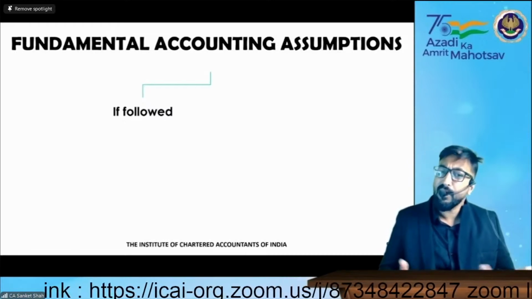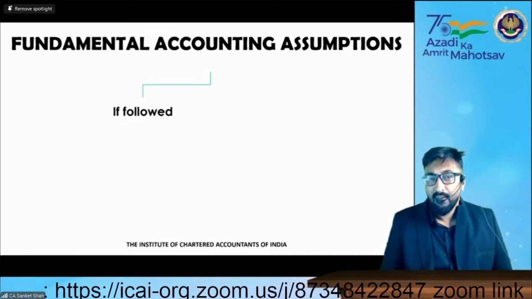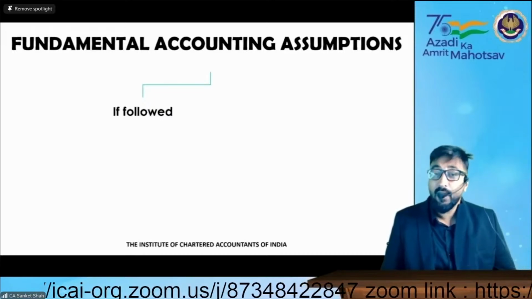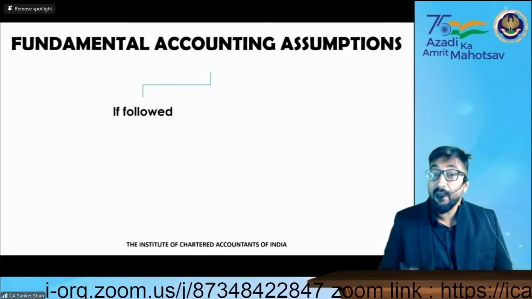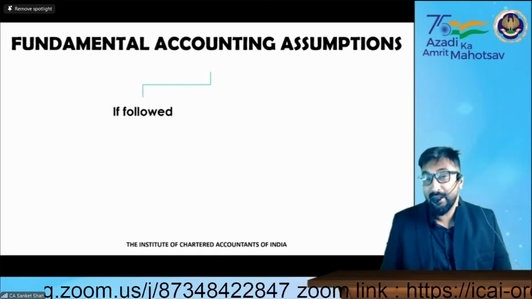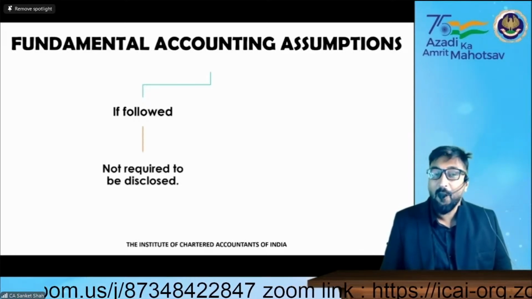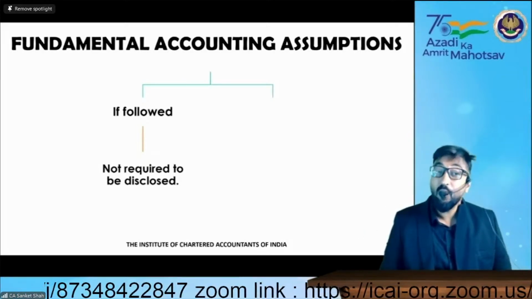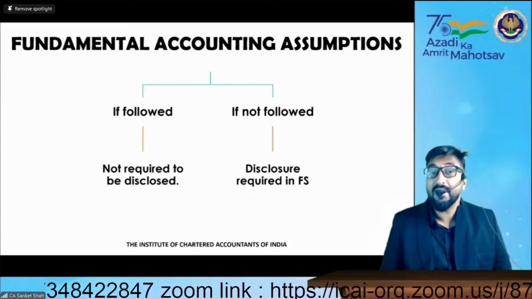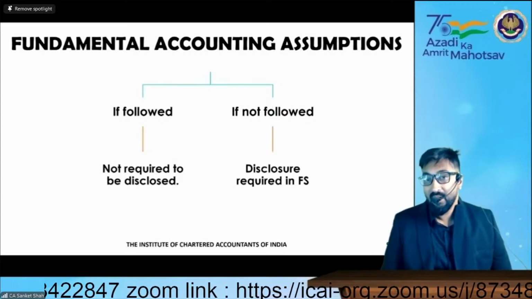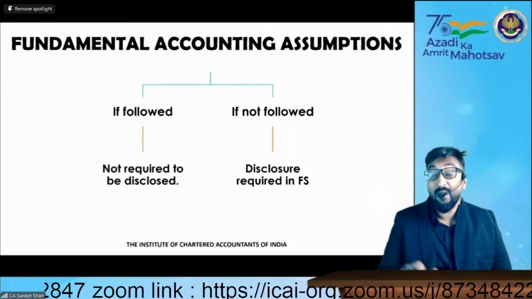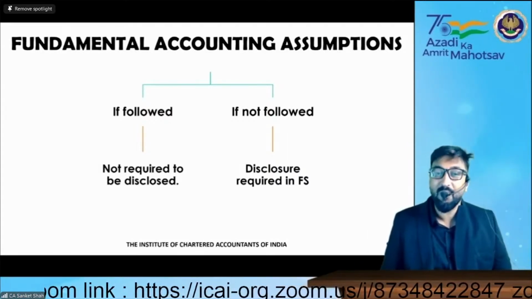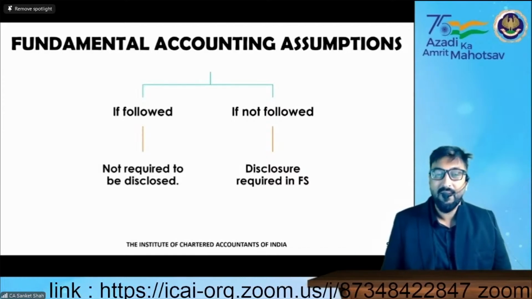It is my fundamental duty that to fulfill his needs, I have to work hard. So it is a fundamental assumption. Try to understand in the same way. If followed, there is no need of any disclosure. If it is not followed, then it is a disclosure. If I'm not earning money, then I have to tell him, Daksh, now you have to depend on your mom and not on me. She's also a chartered accountant.